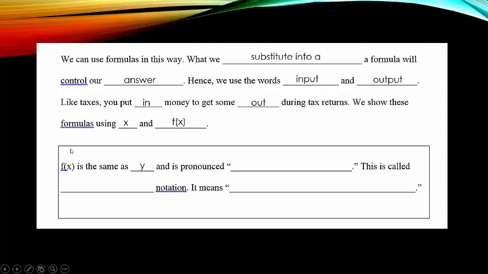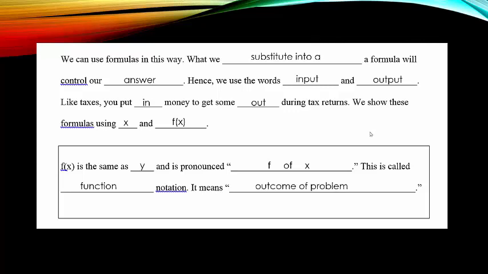So these are the same thing. It's just a different notation, that's all it is. We pronounce this as f of x. So this f parentheses x is pronounced f of x, a function of x. And this is what we call function notation.